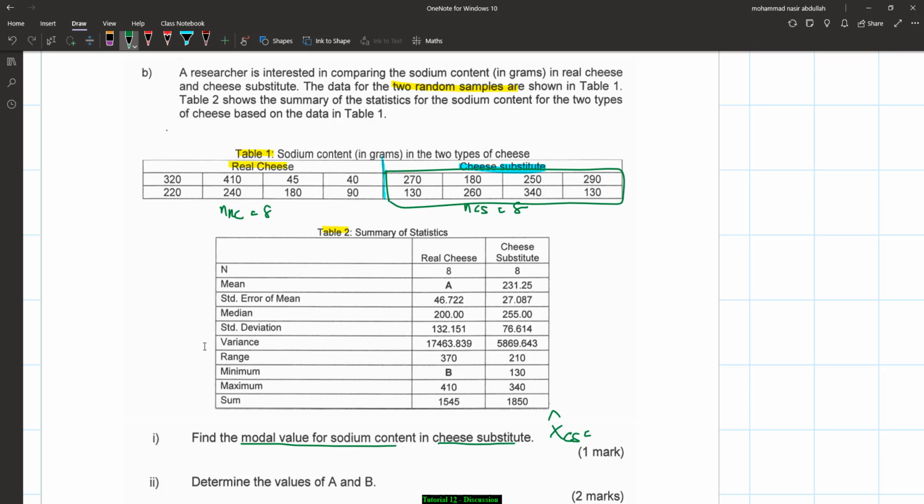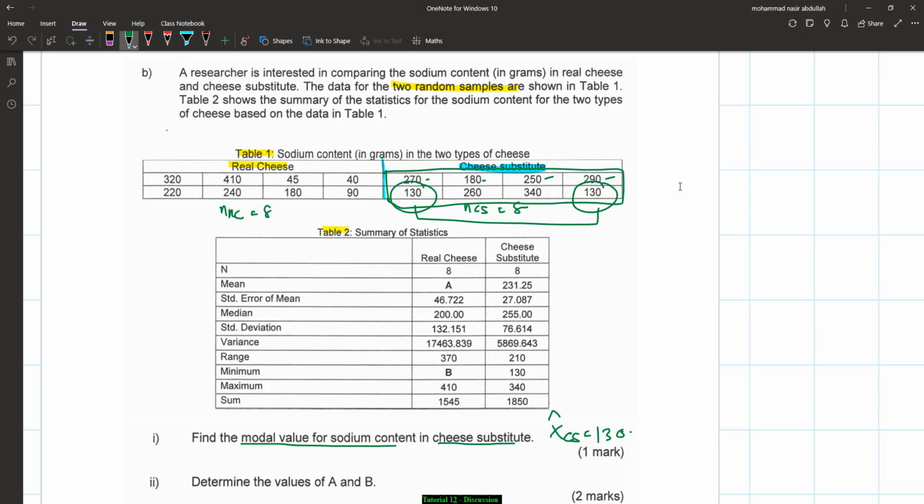Which number appears many times? 270 appears one time, 180 appears one time, 250 appears one time, 290 also one time. We have 130 appearing two times. So the mode will be 130.